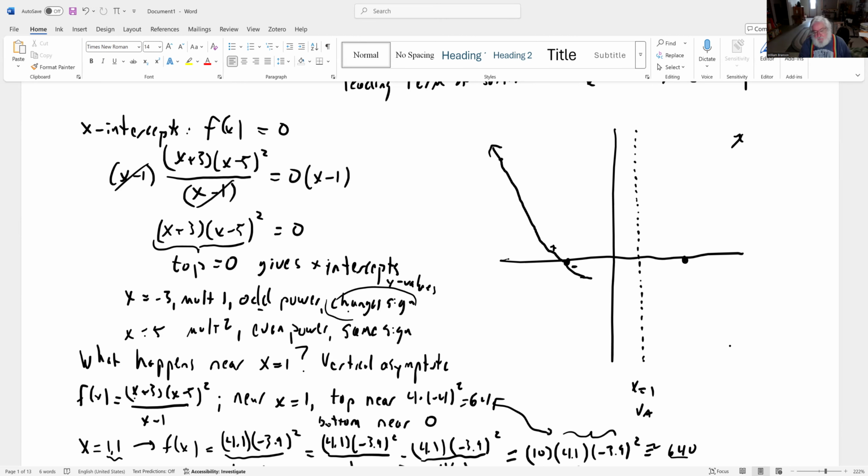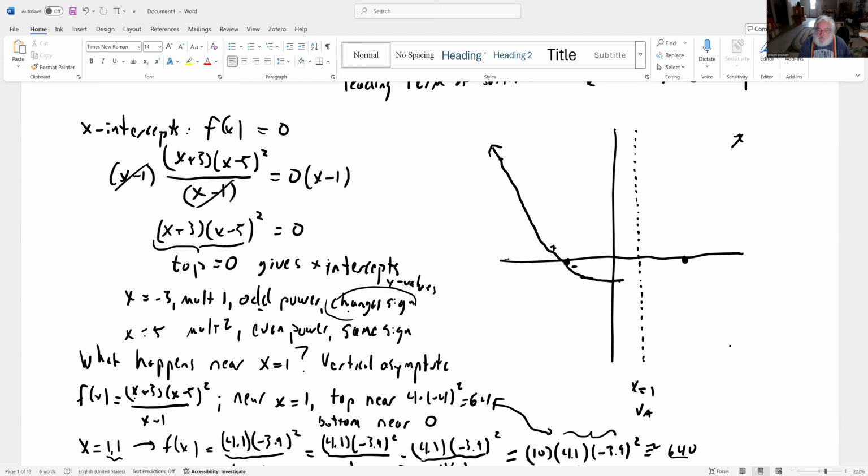So now we go over here. We've successfully dealt with that. We come over to our vertical asymptote. Now, we're not allowed to touch that, but we're also not allowed to go through the x-axis, right? So when we get to the vertical asymptote, we have a choice. We can either go up to positive infinity or down to negative infinity.